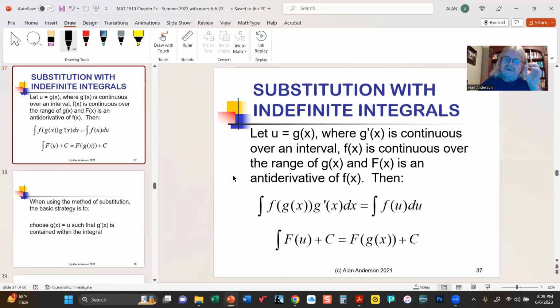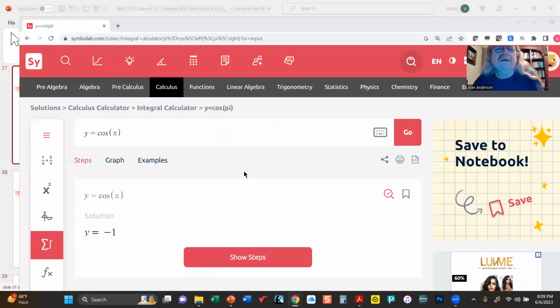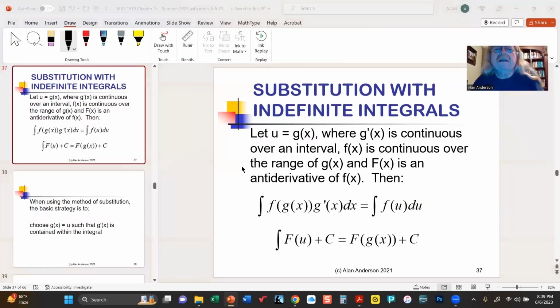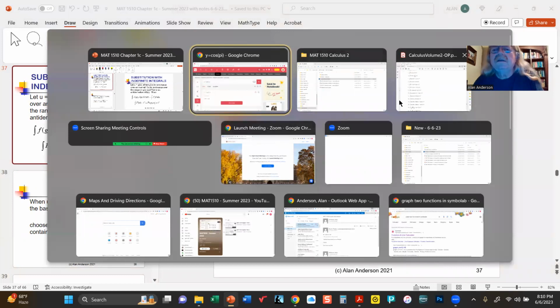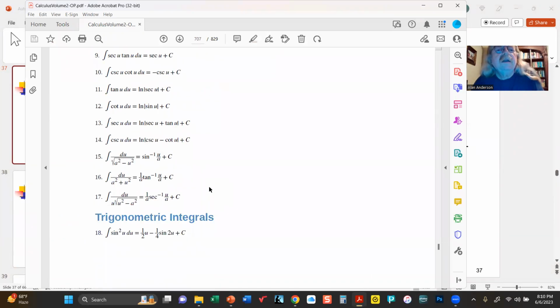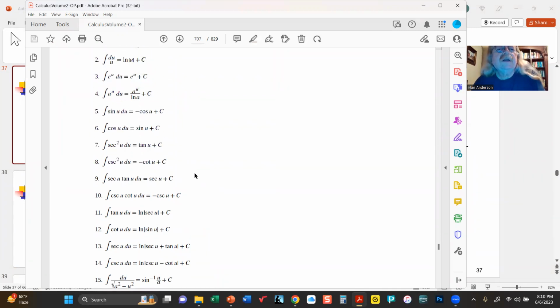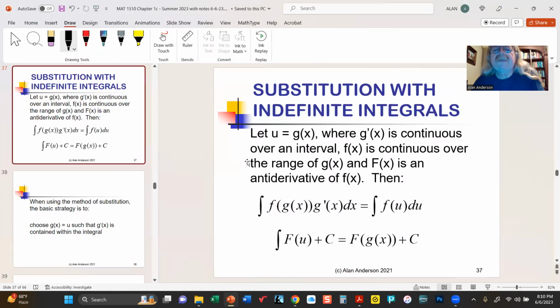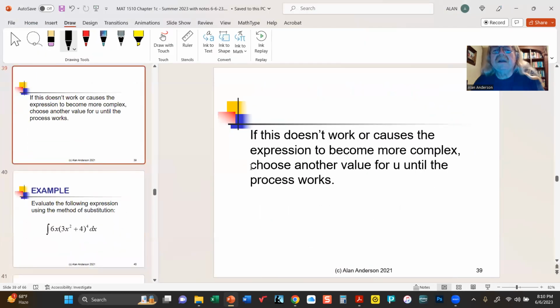And if you're lucky, you'll have a simpler integral to work with that you can easily find in those tables. In fact, that's one of the reasons why in the table they all show as u's rather than x's, because this is the more general way of expressing these results. Okay, so let me just quickly show you an example of this.